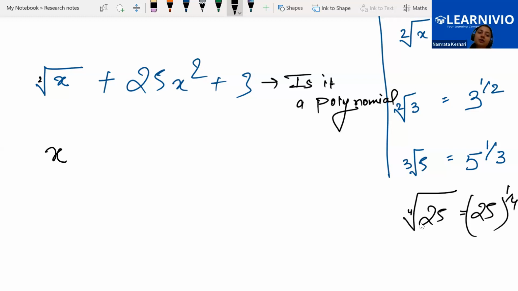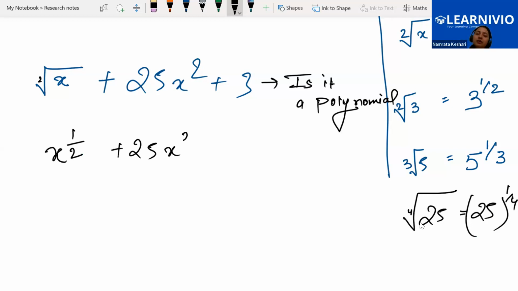Exactly, the exponent is not a whole number. 1 by 2 is not a whole number, because initially we discussed that whole numbers start from 0 and include all the counting numbers. So when we learn counting numbers, we have not learned decimal numbers or fractional numbers. So 1 by 2 is not a whole number. That's why it's not a polynomial.